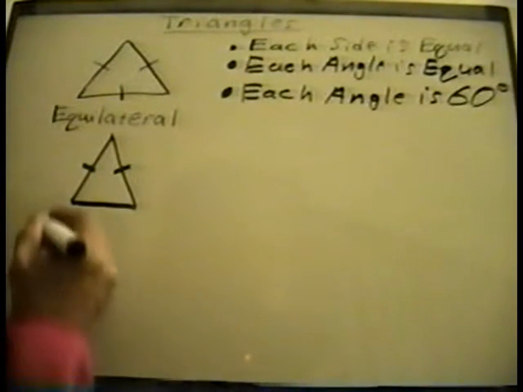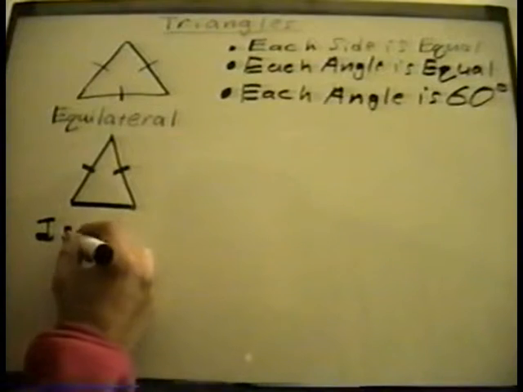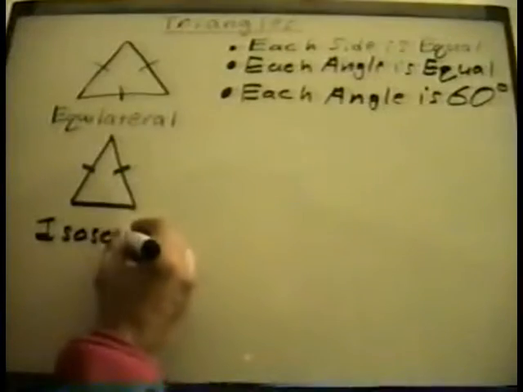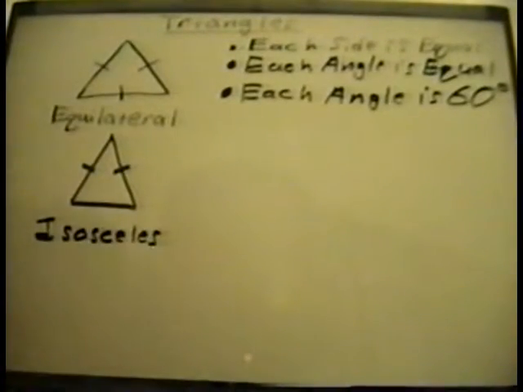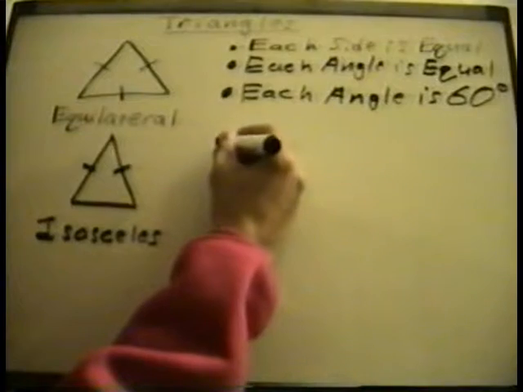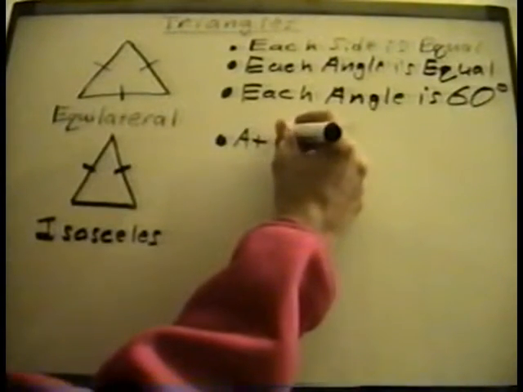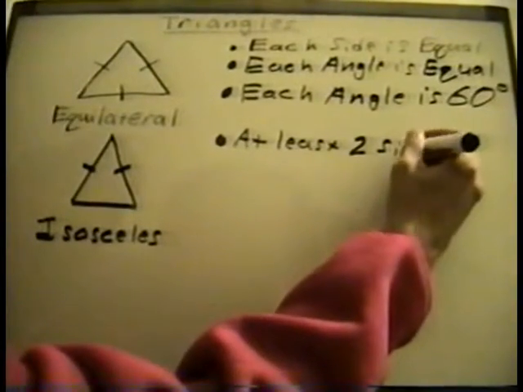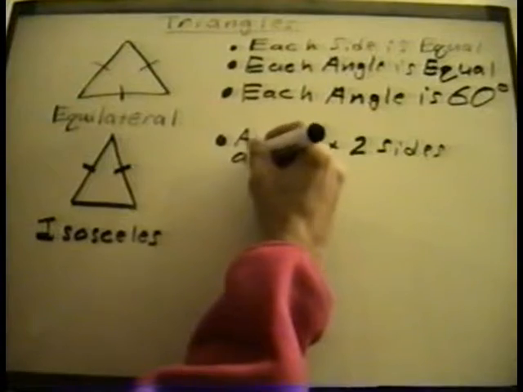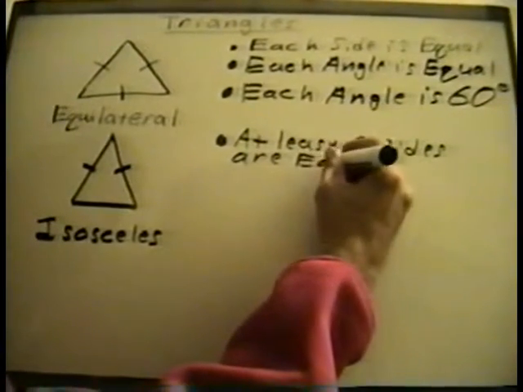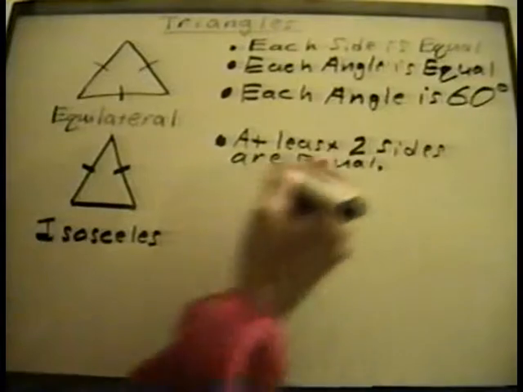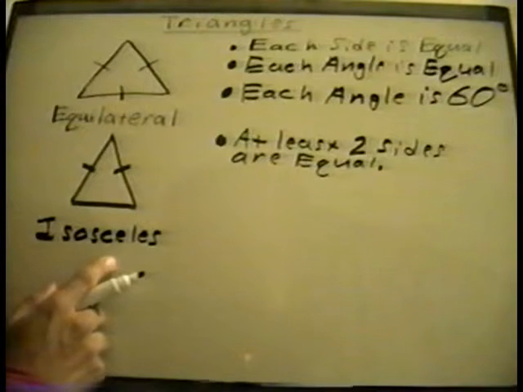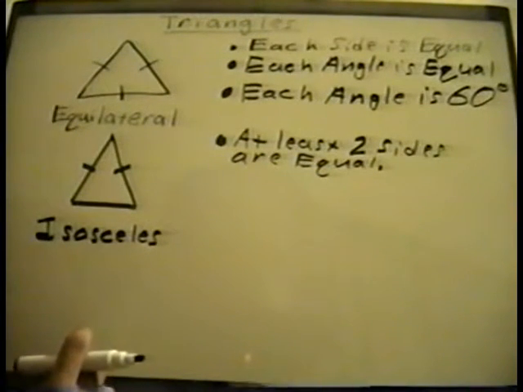Okay, now an isosceles triangle is when at least two sides are equal. So that means also that an equilateral triangle is also an isosceles triangle.